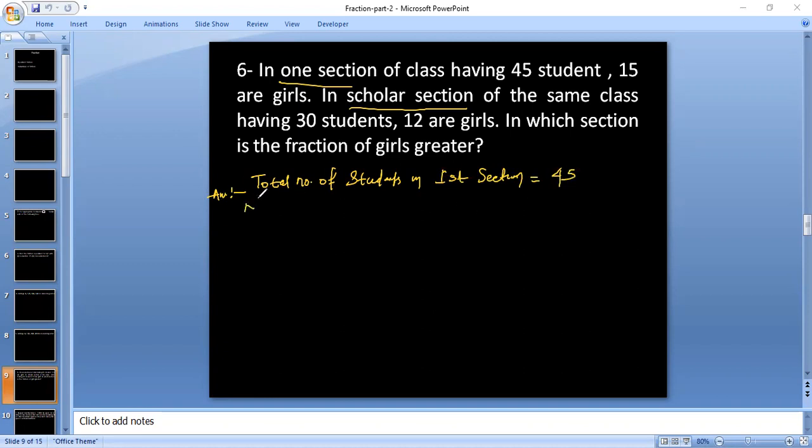Number of girls in the first section, that means 15 girls.